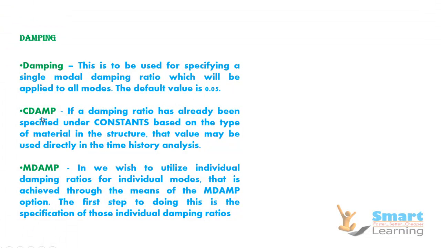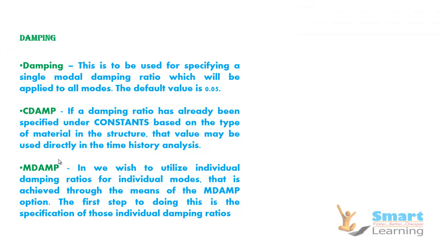You can use C damp if this ratio has been specified under constant based on the type of material. So you can use it in the material constant, and M damp is utilized for calculating the individual damping ratio for individual modes. That is achieved through the M damp option, and this also you can apply through your code editor.